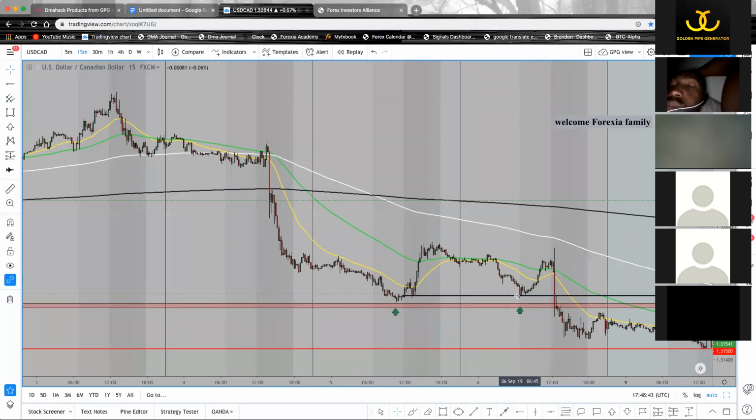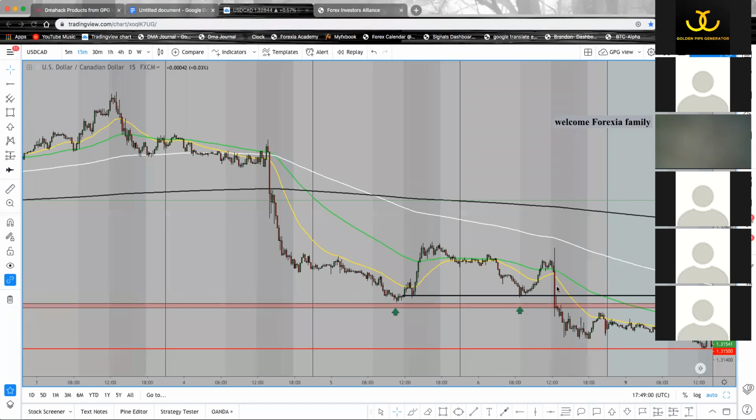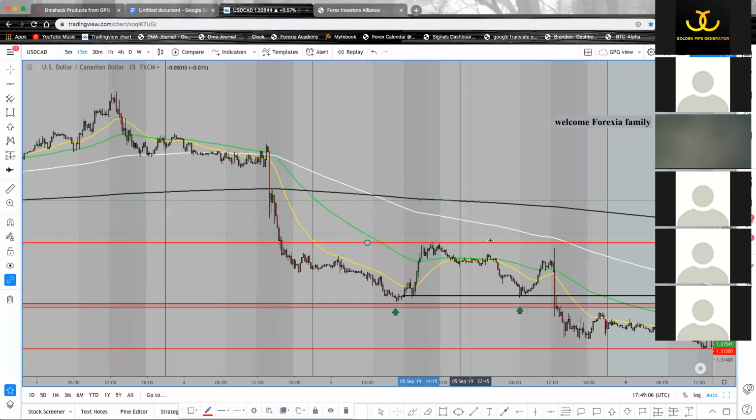They basically came all the way up from this zone, induced people during the London session, just like they're validating this zone and this is going to continue. But what actually happened is that using news, they open up a spread.